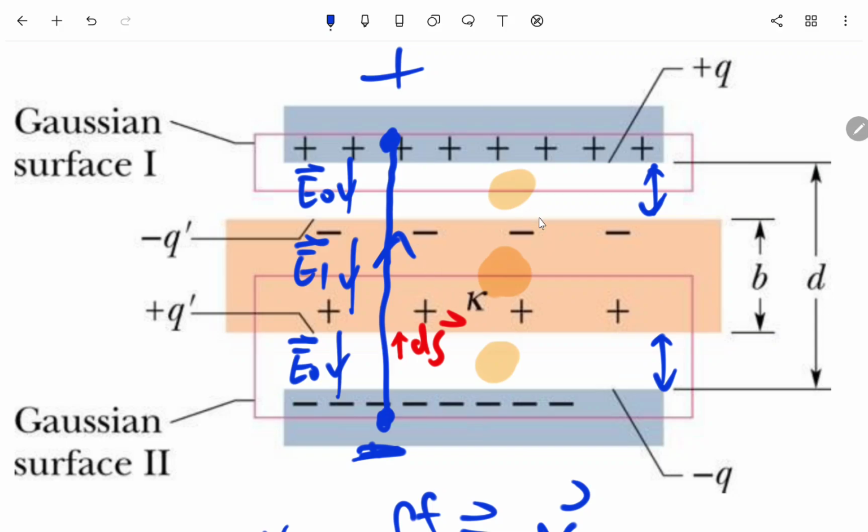So if we integrate this part and this part, after adding them together, this height plus this height must be D minus B, because this is B and the total is D. So E0 times D minus B will be the potential including this part and this part.